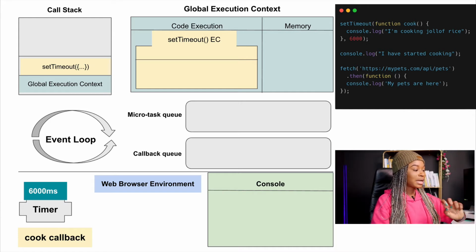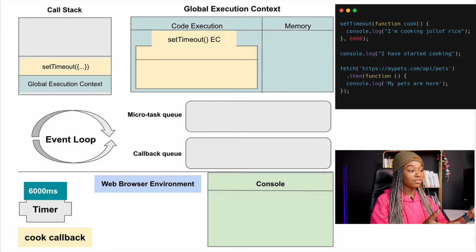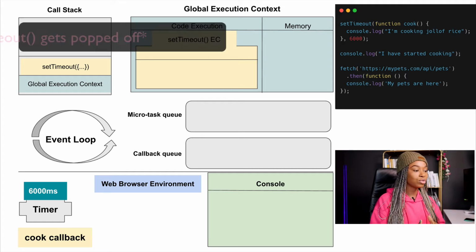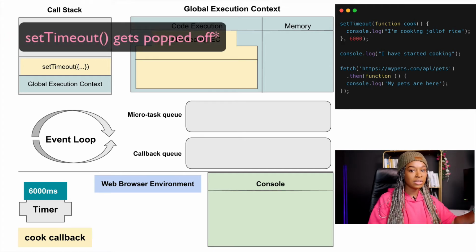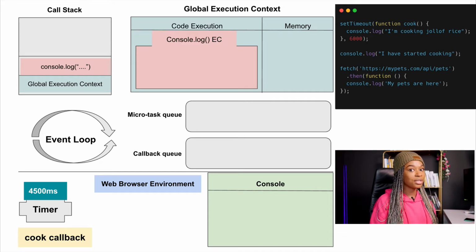So on the next line, as we can see, we have a console.log statement, right? And it's a function. The console is a web API that is available for us in our JavaScript program, but it's a function, so it'll get pushed to the call stack. When it's added to the call stack, an execution context will get created for it, and then whatever is inside will start its execution.